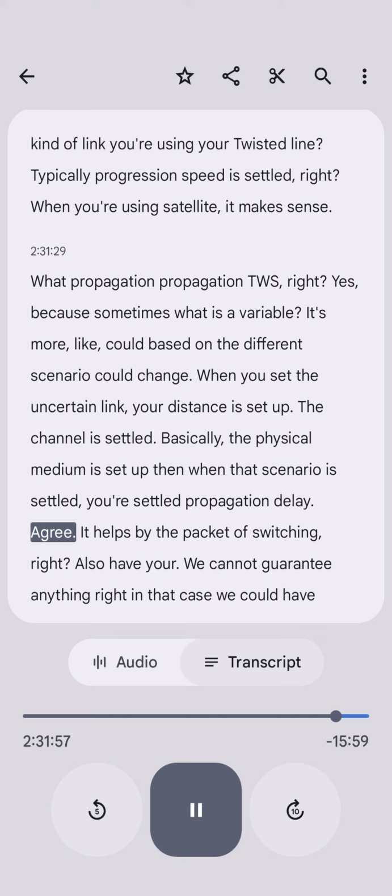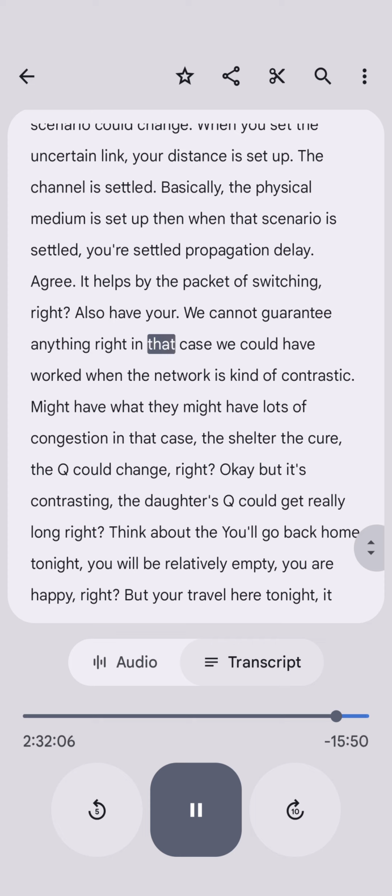Guys, remember, when we talk about packet switching, we cannot guarantee anything, right? When the network is congested, they might have lots of congestion. In that case, the router's queue could change, get really long.